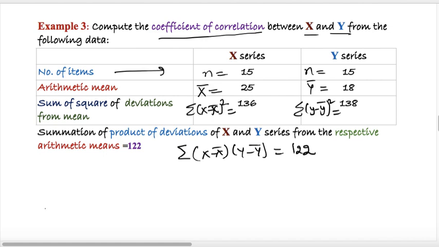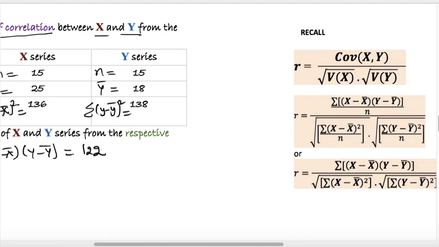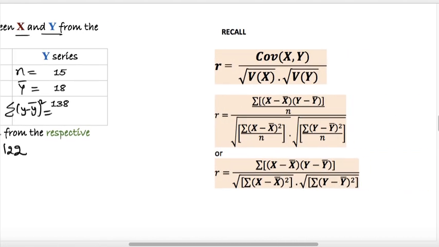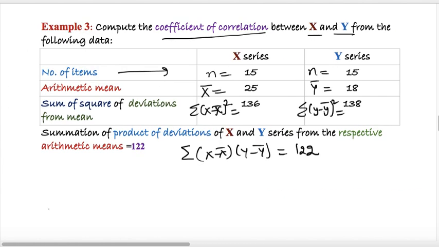Now we can observe that the summed values are given, so let us recall the formula. The deviation-from-the-mean formula I discussed previously, sum of (x minus x bar)(y minus y bar) divided by n, is the covariance formula. Here we can apply the deviation formula, and even divide by n on both sides, so it reduces to something simpler. So I'm going to use this formula.